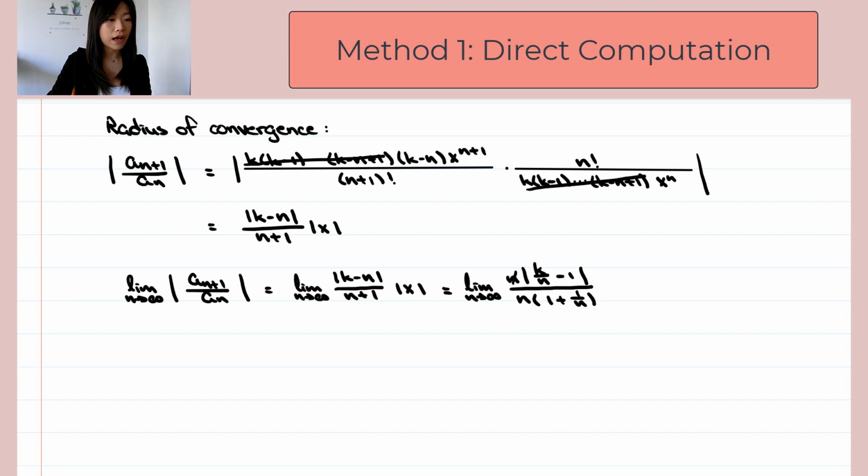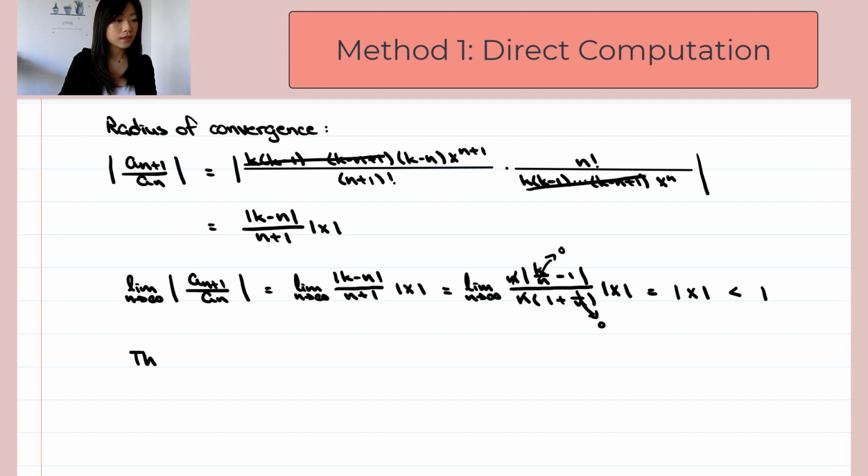Then the n cancel out. Furthermore, this term and this term go to 0 as n approaches infinity. And we still have the absolute of x. So as n approaches infinity, this limit equals the absolute of x, and by the ratio test, the limit has to be smaller than 1 in order to have a convergent series.